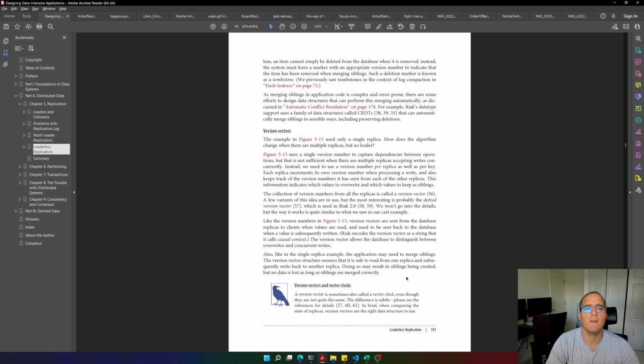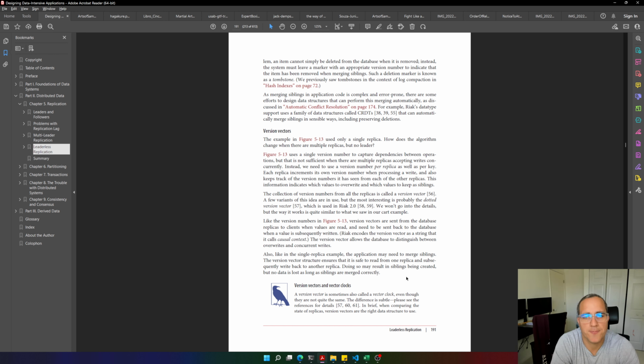As merging siblings in application code is complex and error-prone, there are some efforts to design data structures that can perform this merging automatically, as discussed in Automatic Conflict Resolution on page 174. For example, Riak's datatype support uses a family of data structures called CRDTs that can automatically merge siblings in sensible ways, including preserving deletions.